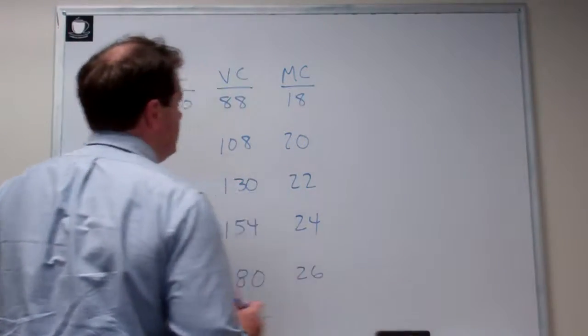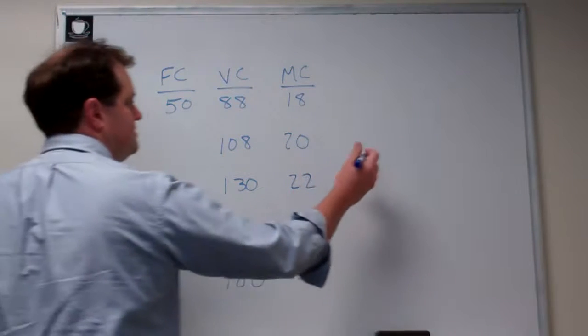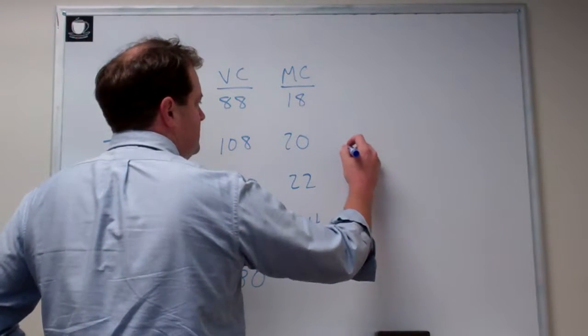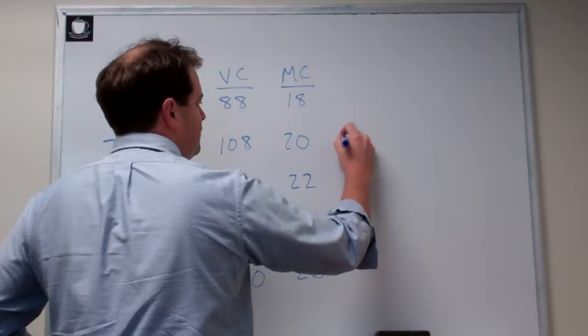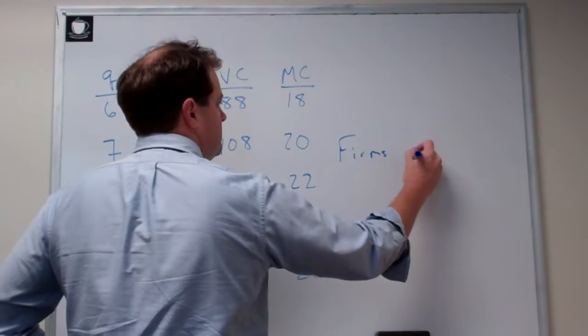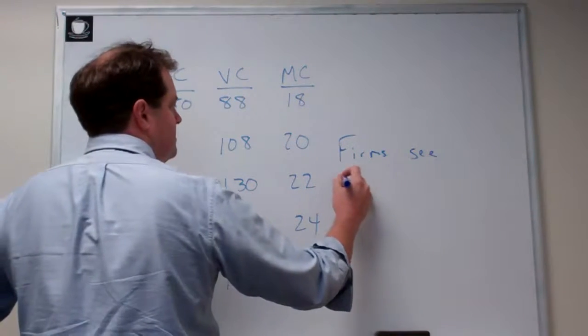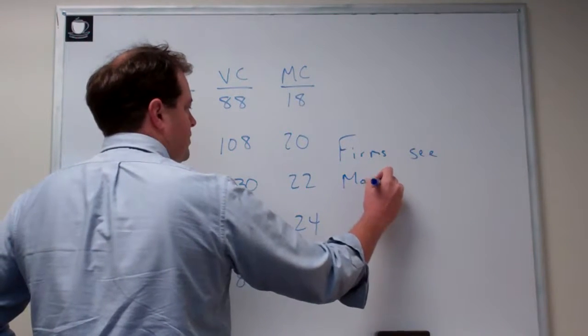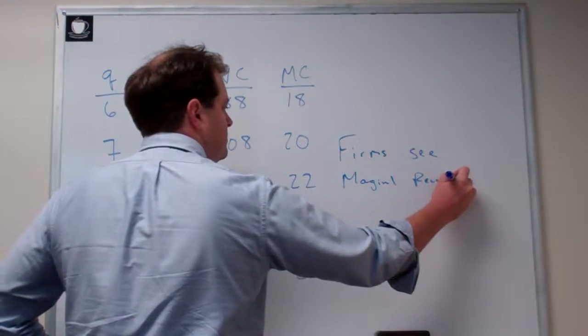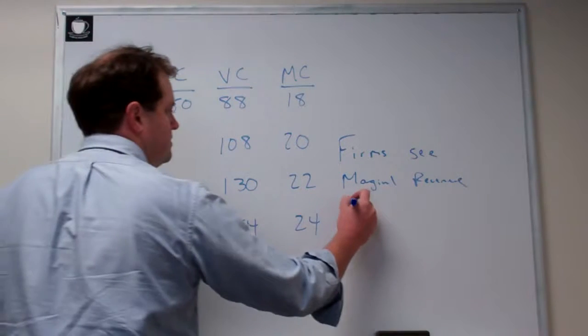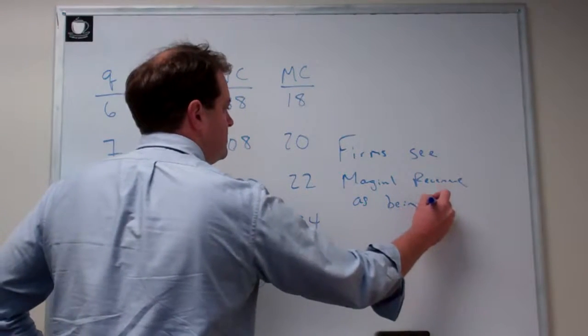Now there's a couple ways we can do this, but the simplest way is to understand that the firm in a competitive market sees this variable called marginal revenue as being price.